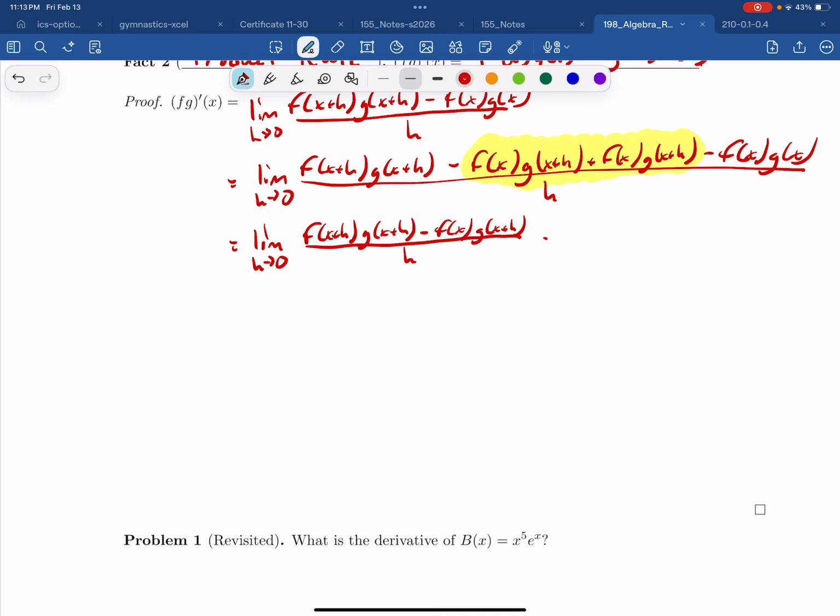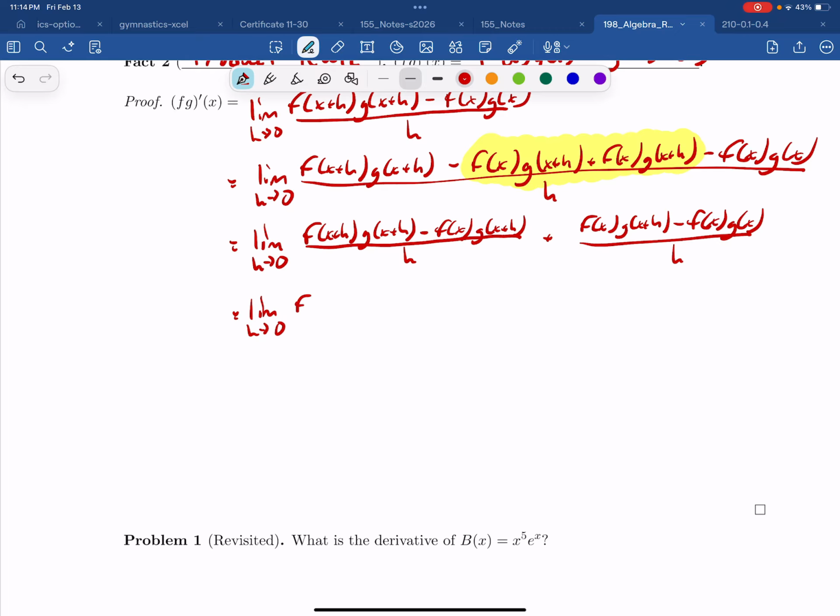And then we're going to split the fraction, right? So we have plus f of x, g of x plus h, minus f of x, g of x, all over h. Okay? Next, what we're going to do is factor out that first g of x plus h.